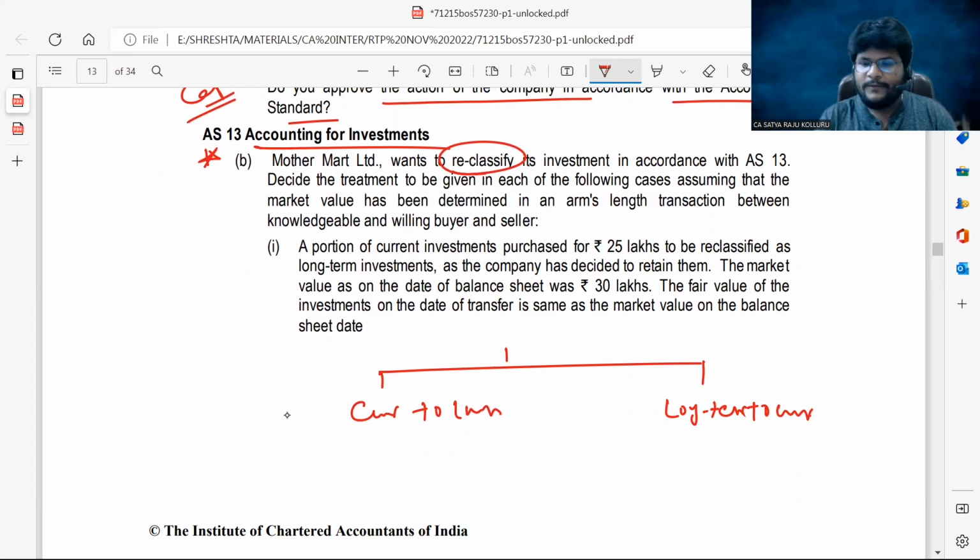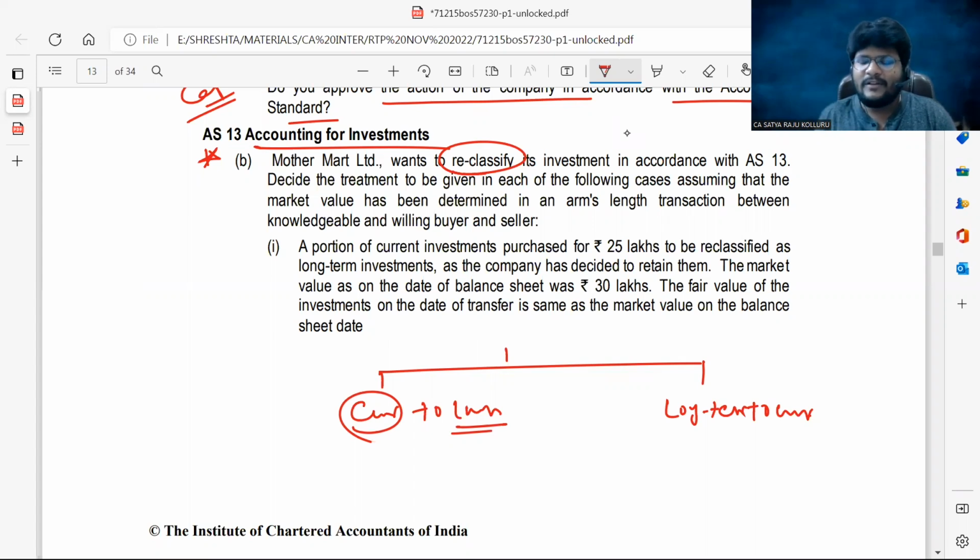If it is current to long term, in future you will never get a chance to compare cost with fair value, because if the investment is a current investment, you should always value current investments at cost or market value, whichever is lower.